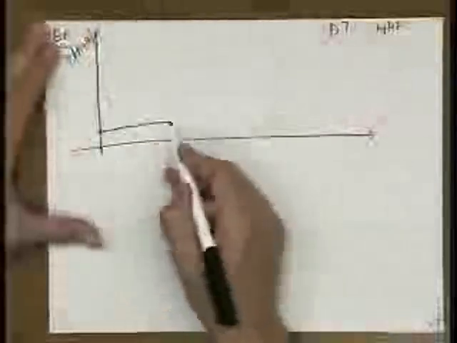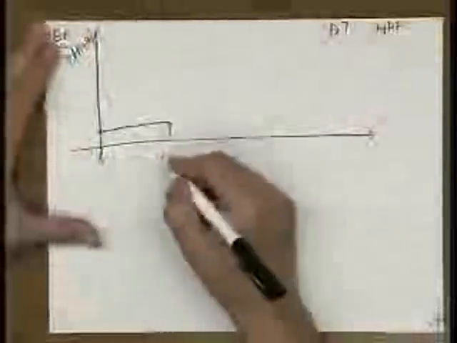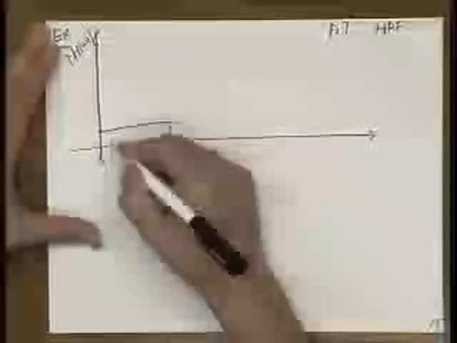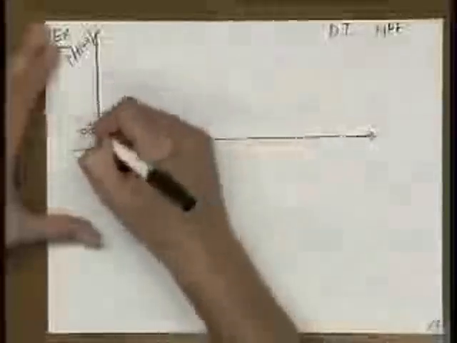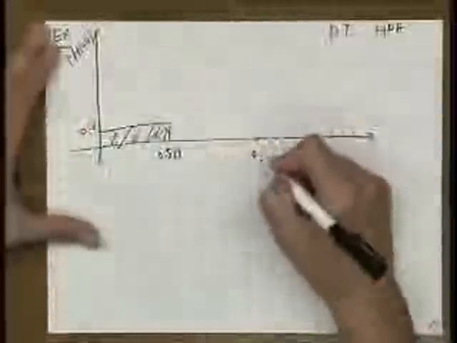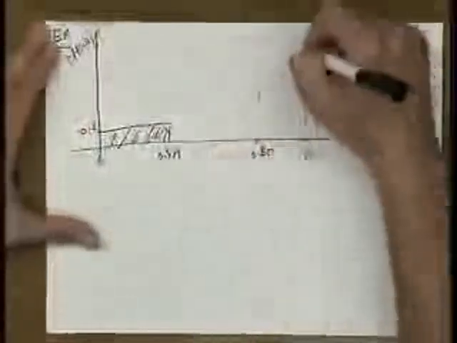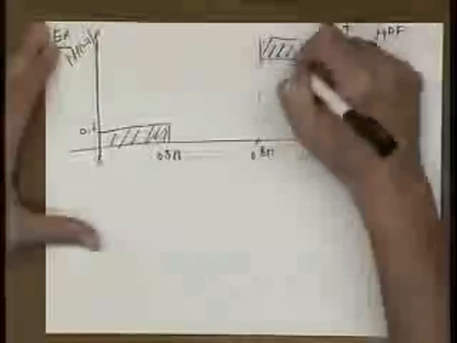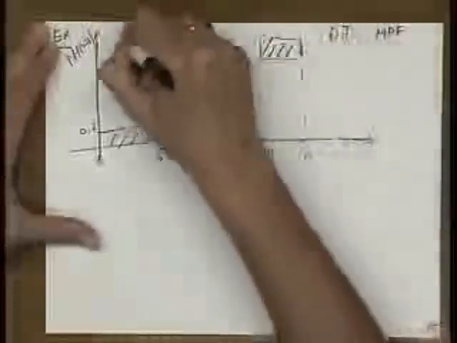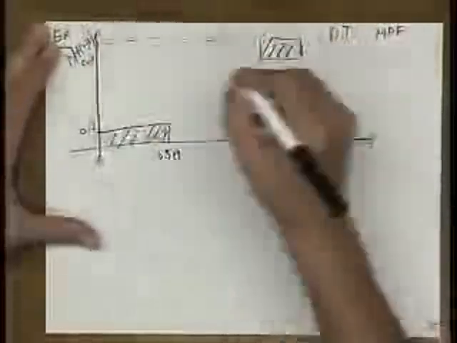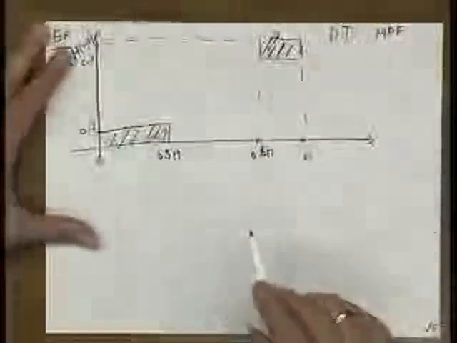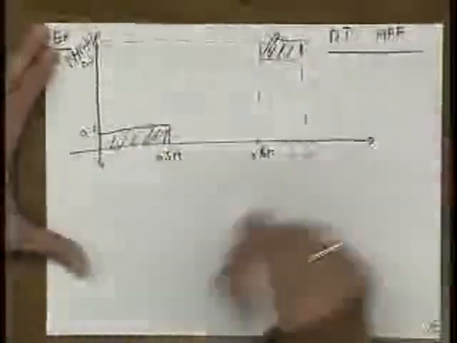Somebody has told you that between 0 and 0.5 pi, it has a ripple of 0.2, and between 0.8 pi and pi, it has a ripple of this much. So that's the specs given. That's step 1, if you will.